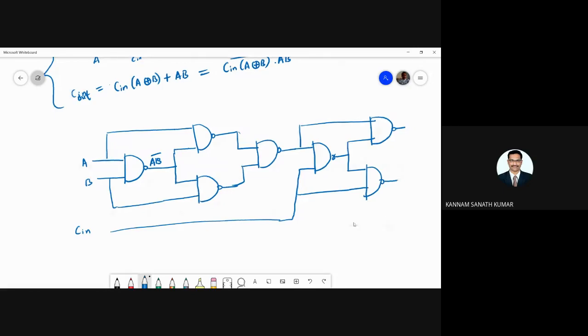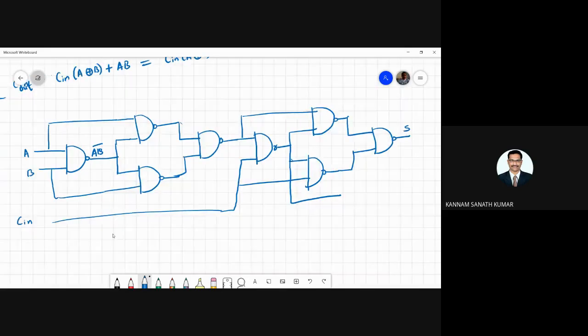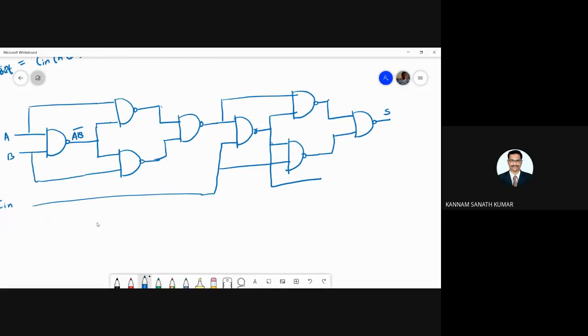So I am realizing that expression by using the logic gates. If you combine these two outputs of the NAND gate, you will get the sum. And if you combine this one and this one, you get the carry.